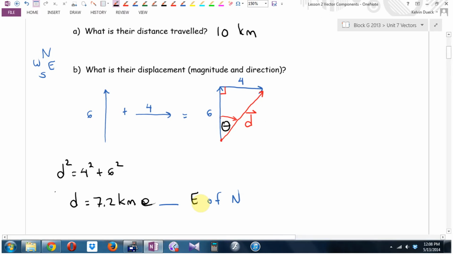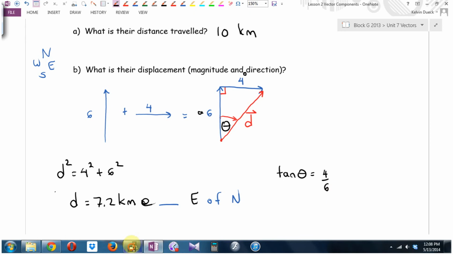How can I find theta? Opposite, adjacent. Which trig function? Opposite over adjacent. How can I find the angle? And this is why we did that trig review. Shift, and you'll have to put it in brackets.